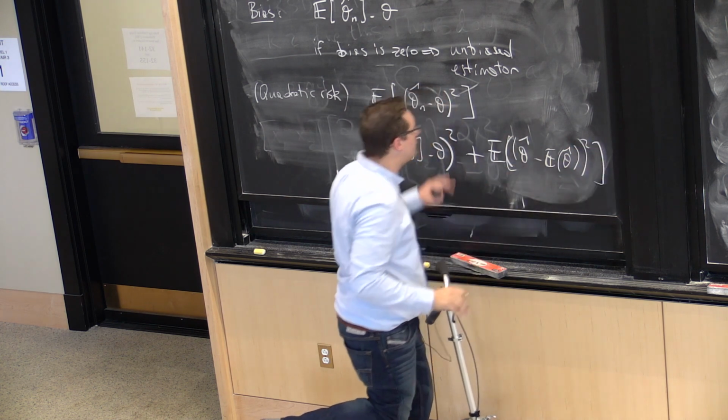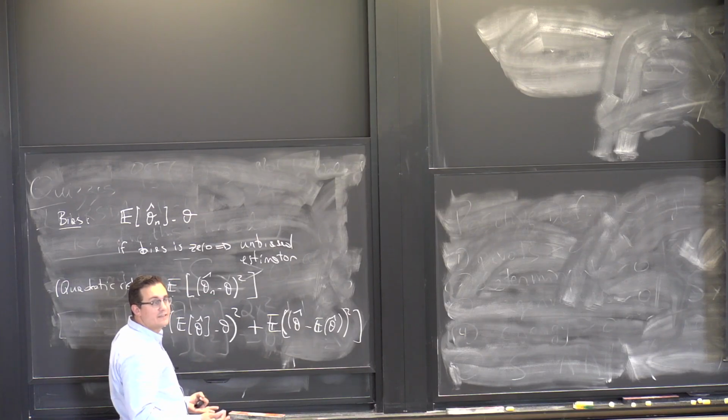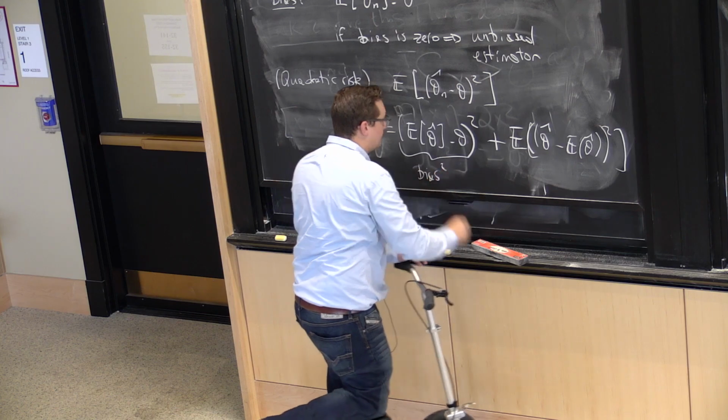Okay, and that came from the fact that when I added and removed the expectation of theta hat in there, the cross terms canceled. All right, so that was the bias squared. And this is the variance.